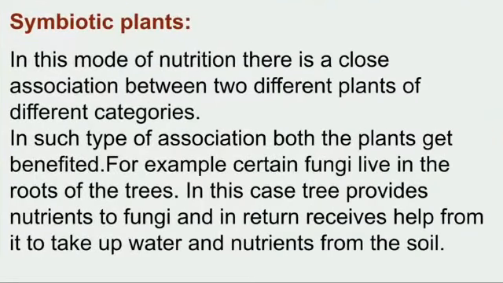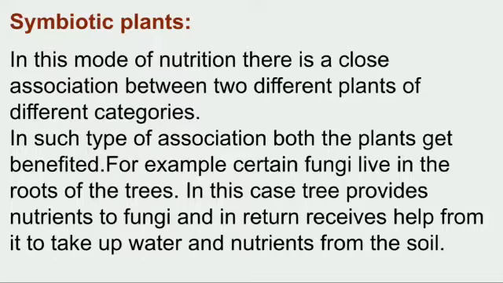Then we'll talk about the symbiotic relationship. It's a mutual relationship, and they form a mutual relationship for their nourishment. In this mode of nutrition, there is a close association between two different plants of different categories. In such an association, both the plants benefit. For example, certain fungi live in the roots of trees.